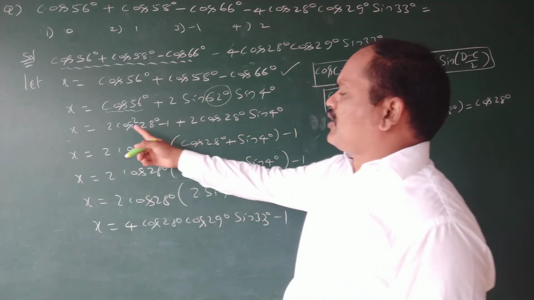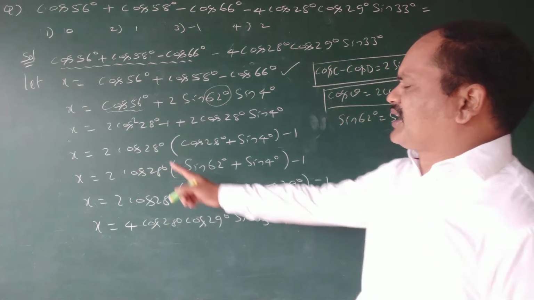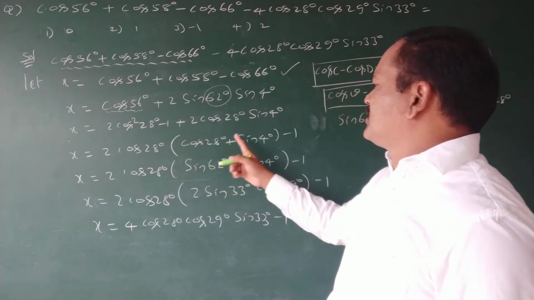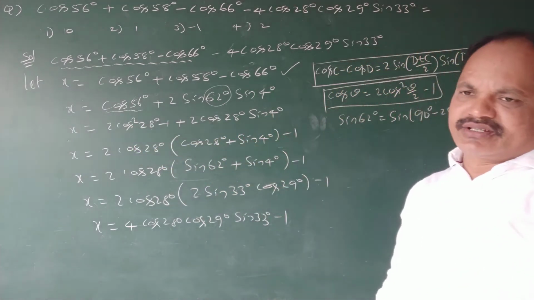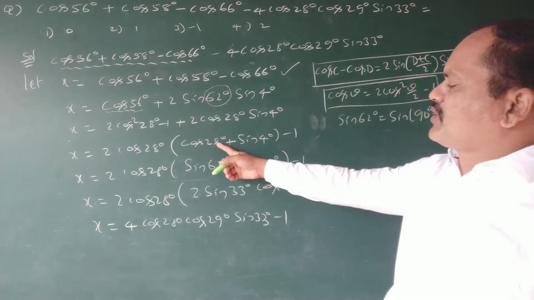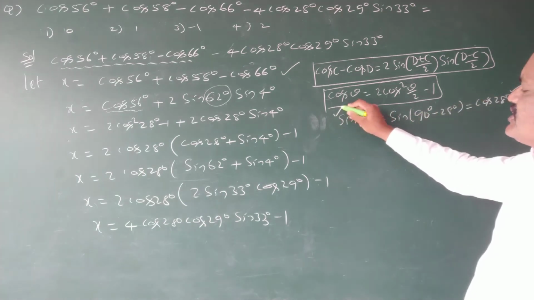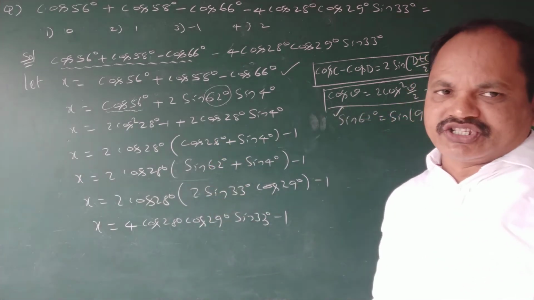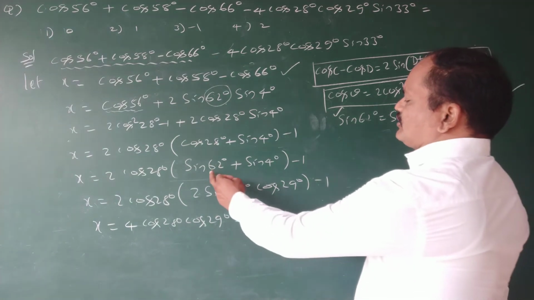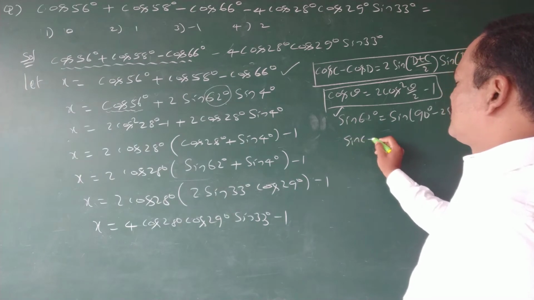Now we have to take cos 28 common from these two. Remaining in the bracket is cos 28 plus sin 4, so minus 1 here. Again, in place of cos 28 we write sin 62, since sin 62 and cos 28 are equal. According to the formula sin C plus sin D, what is the formula?